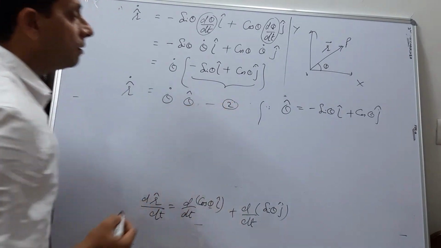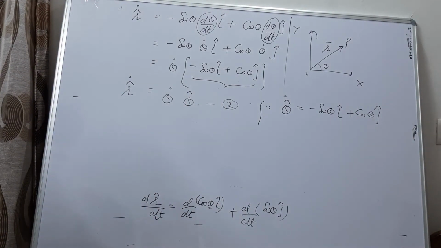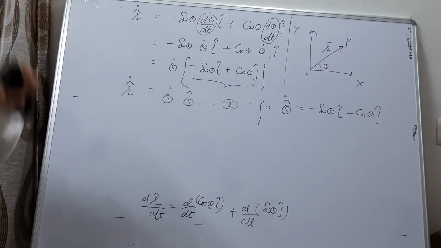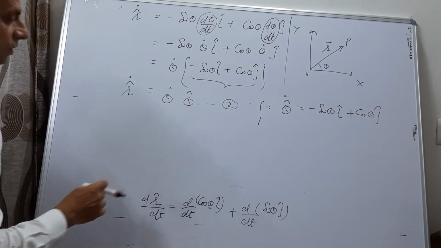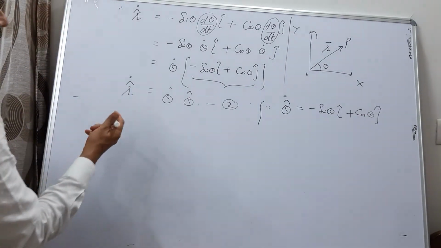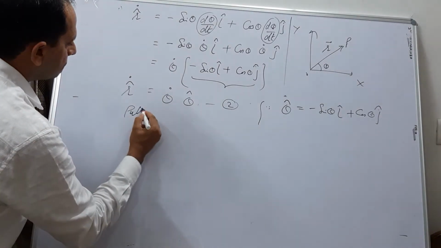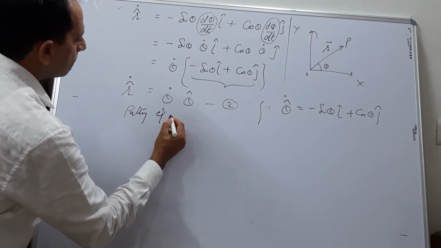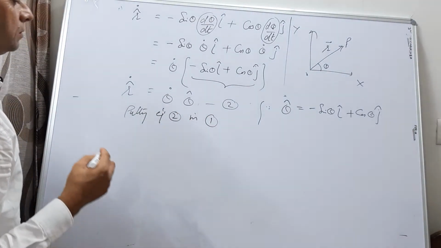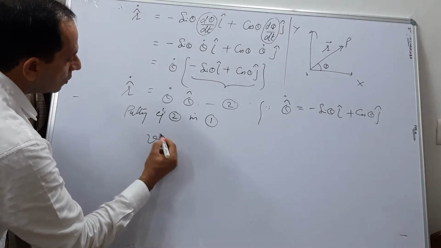This is equation number 2. Now, we will put the value of r cap dot in the first equation. So, what is the first equation? Putting equation number 2 in equation number 1, we will get velocity.